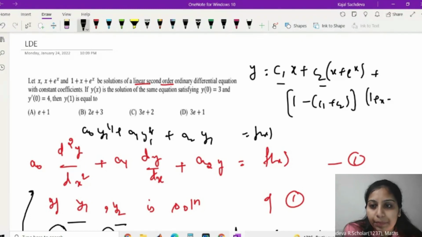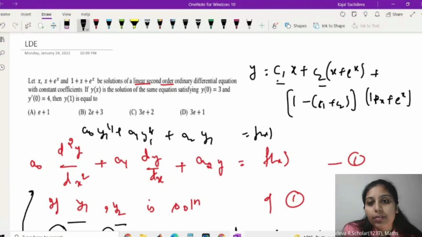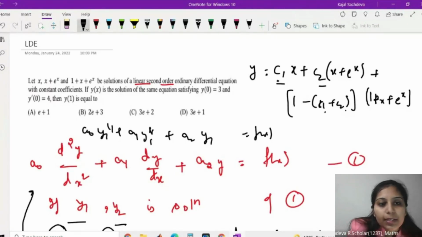Am I right? Yes, ma'am. Clear? c1 cancels out by c1, c2 cancels out by c2, then we get the sum as 1. So we are taking the solution as c1 x + c2 times the second plus the other one.